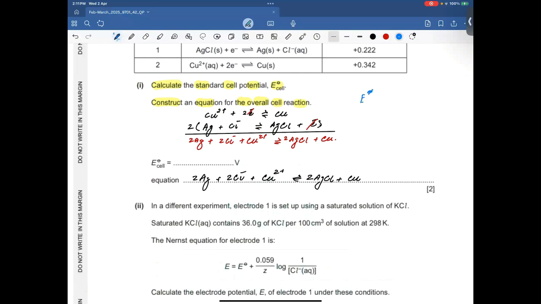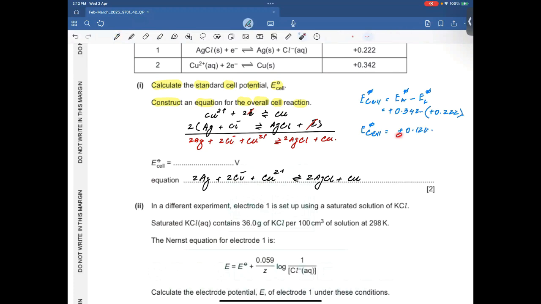In order to calculate E naught cell, according to my lecture, I'm going to use the formula E naught right minus E naught left. In E naught right, we need to put the more positive SEP value, which is 0.342 volt. In E naught left, I will write the less positive SEP value, which is plus 0.222 volt. So the E naught cell for this equation is going to be plus 0.12 volt.